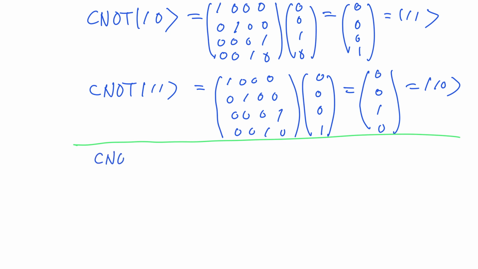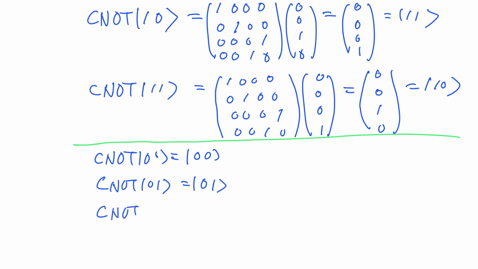C naught 0 0 produces 0 0, C naught 0 1 gives 0 1, C naught 1 0 gives 1 1, C naught 1 1 gives 1 0.